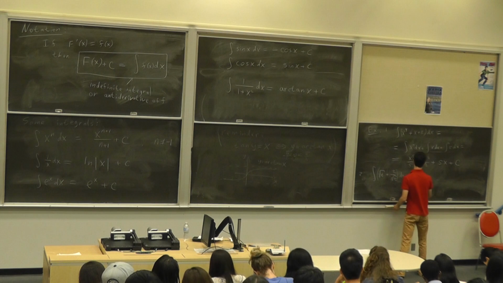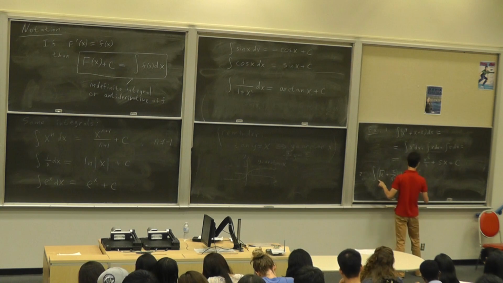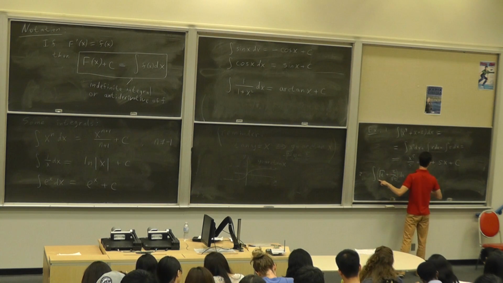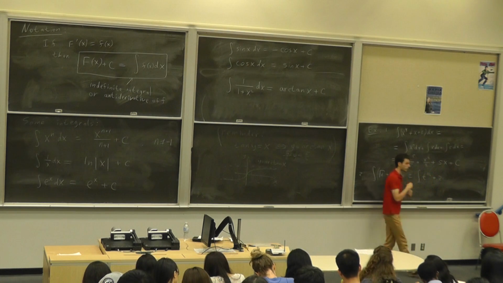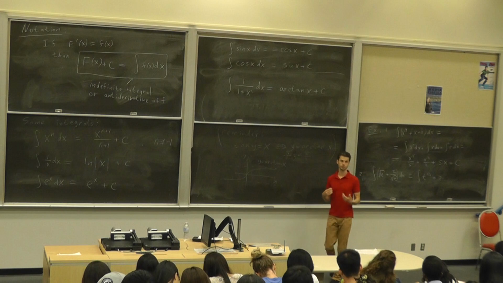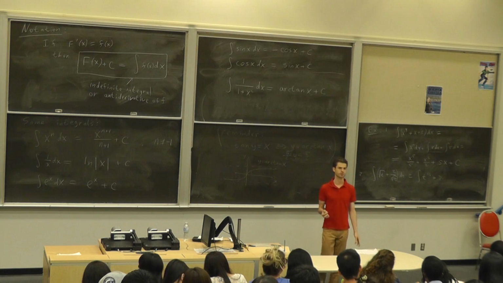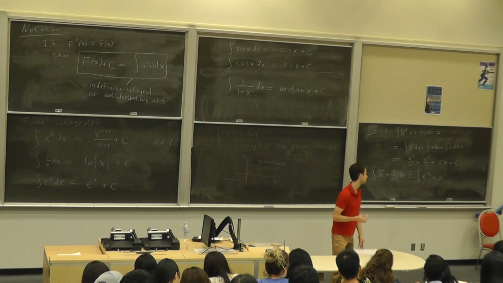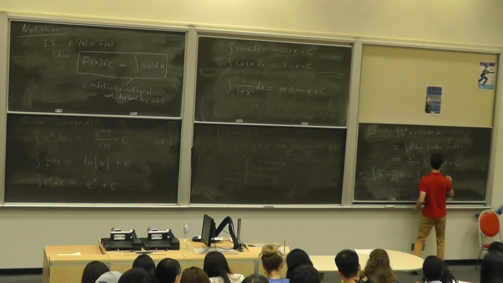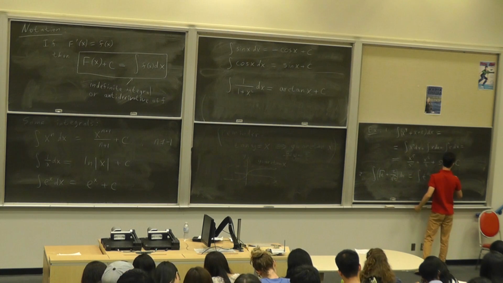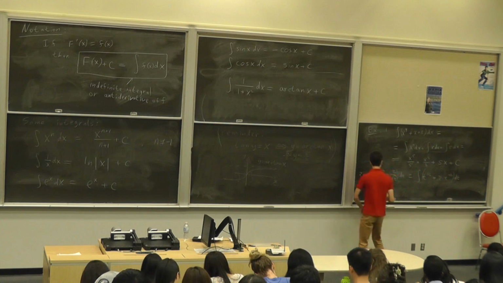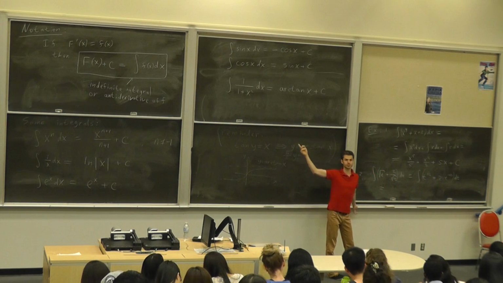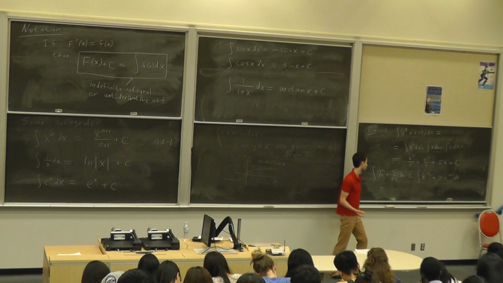So you can rewrite this in a form which will be much more familiar. T to the power 1/2 plus 2, and 1 over square root of t can also be written as t to the power negative 1/2, so times t to the negative 1/2. And now I will use the formula for the integral of x to the power n.